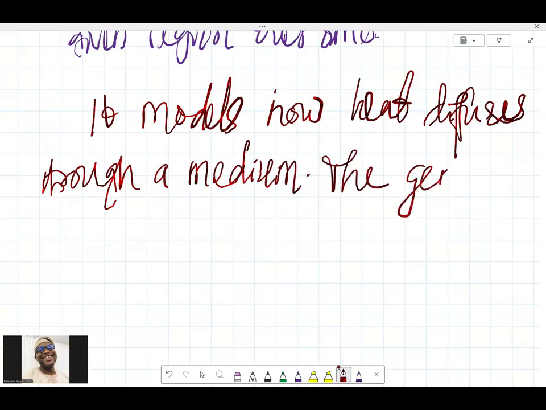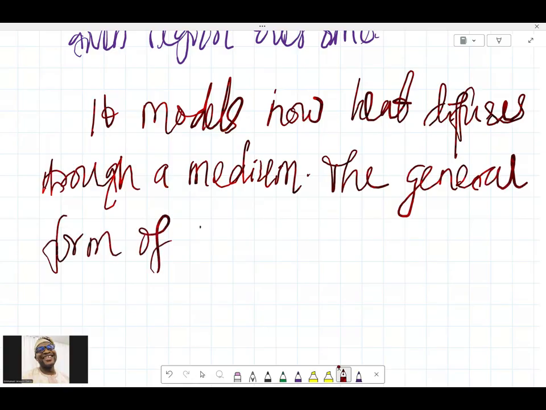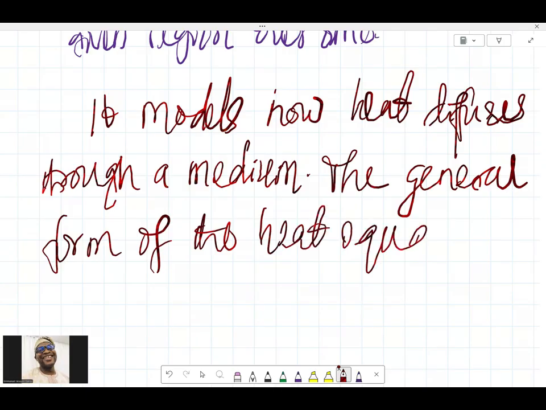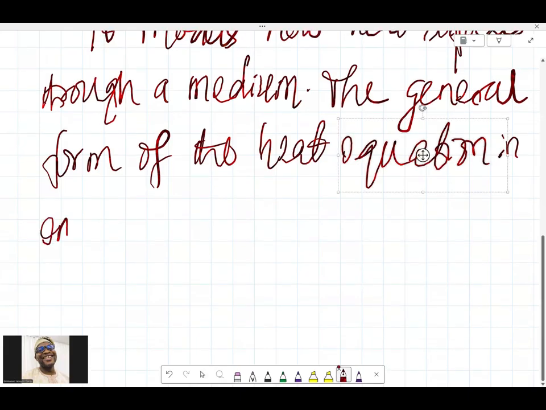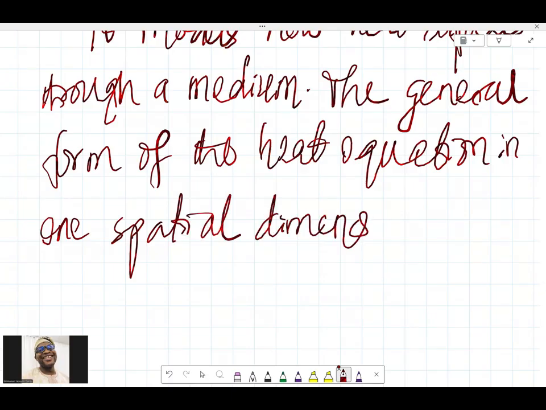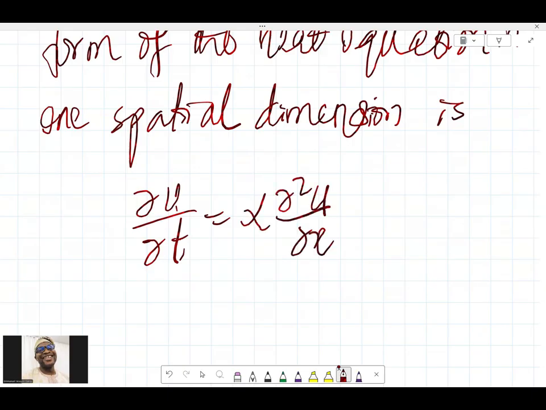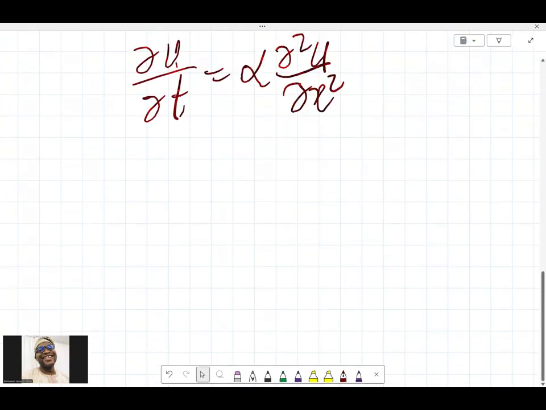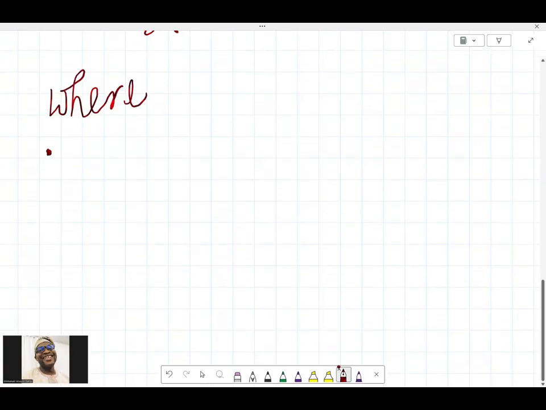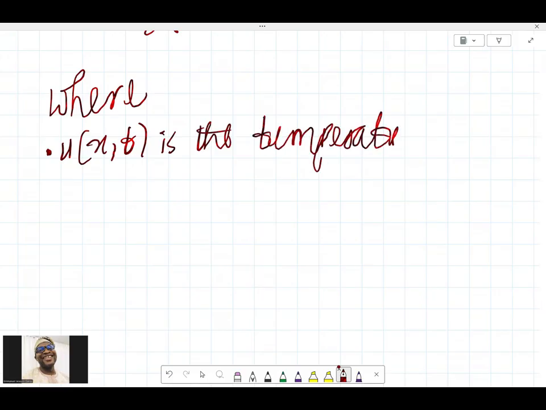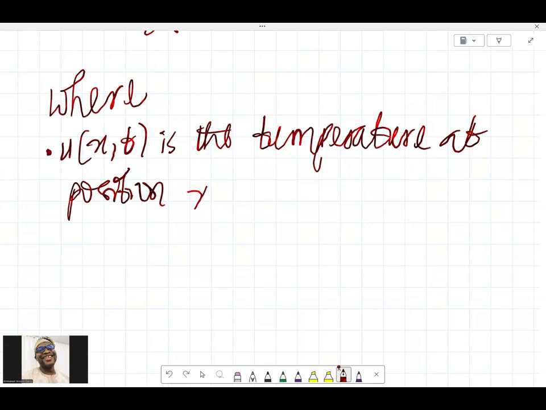The general form of the heat equation in one spatial dimension is partial u, partial t equals alpha partial squared u, partial x squared, where u of x comma t is the temperature at position x and time t.